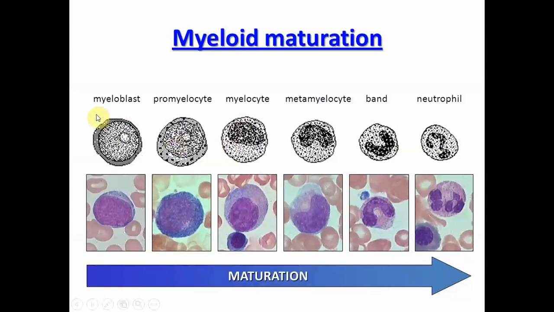This picture will show us the pathway of myeloid maturation. This is the earliest recognizable, the myeloblast. Then differentiating into promyelocyte, then the myelocyte, metamyelocyte, band, neutrophil.